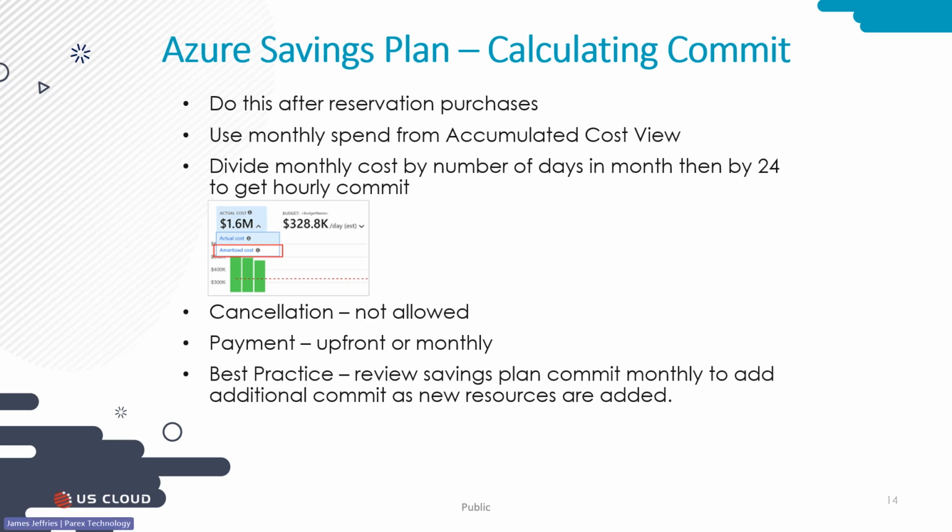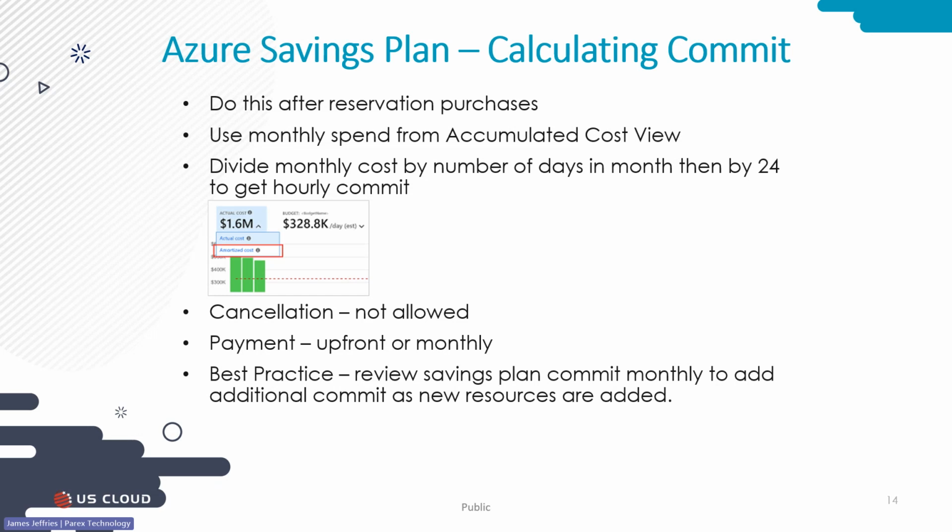So essentially, in this case, actual cost, $1.6 million. What we would do to determine what our hourly commit should be is divide that by the number of days in that month and divide it by 24, and that'll get us an hourly commit number. Now, we don't want to take 1 month as a sample size, right? Because you may have had more usage during that month.